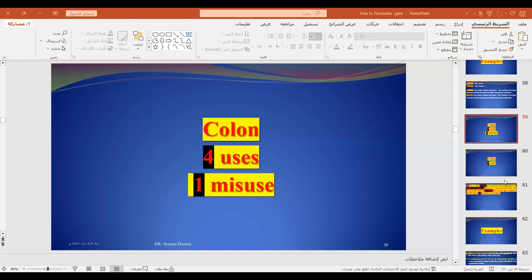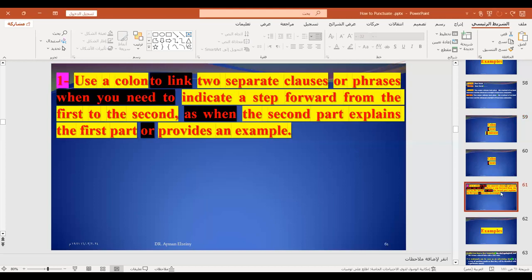The first use of colon: use colon to link between separate clauses or phrases, when you need to indicate a step forward from the first to the second clause, and when the second part explains the first part or provides an example.